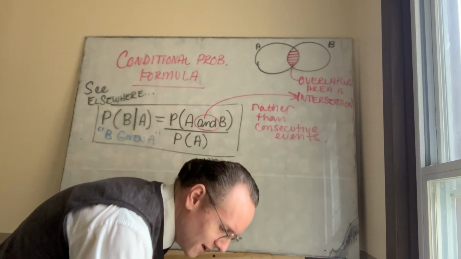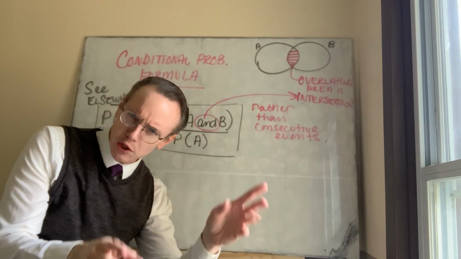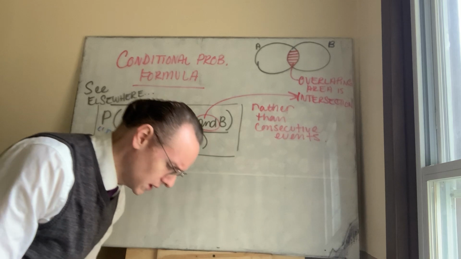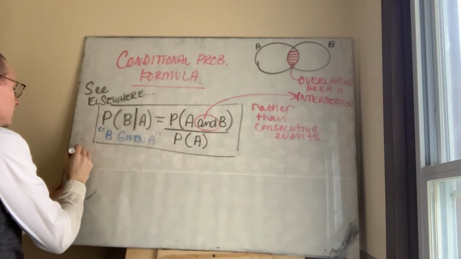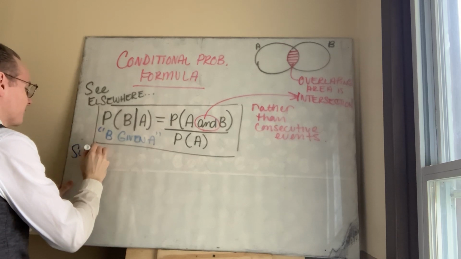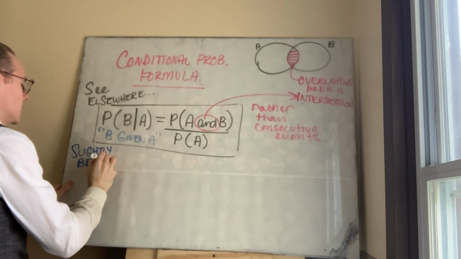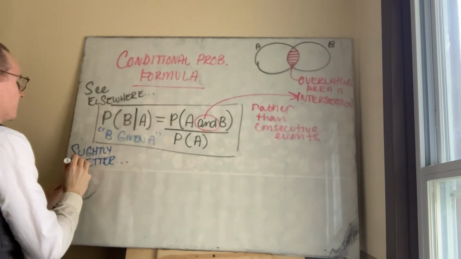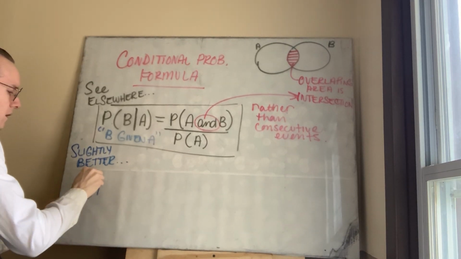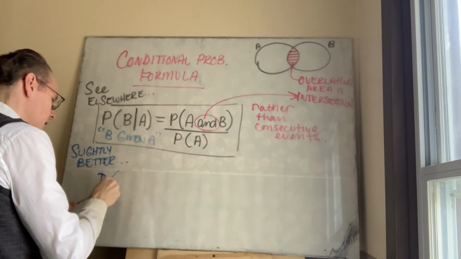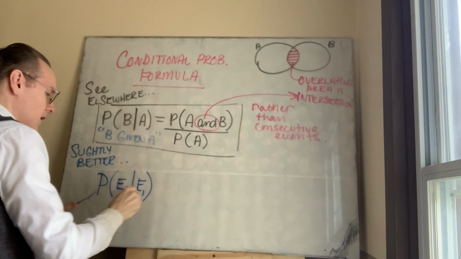Okay, now here is a slightly tweaked version of this formula, in which, and I'll label it as such, slightly better, I feel personally. Which they call the probability of event 2 and event 1.